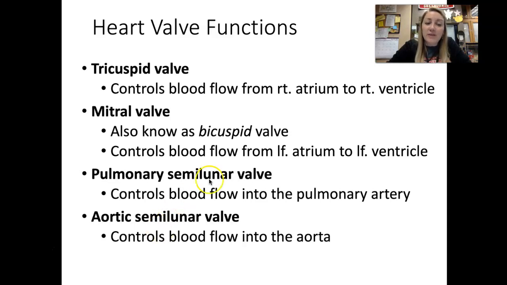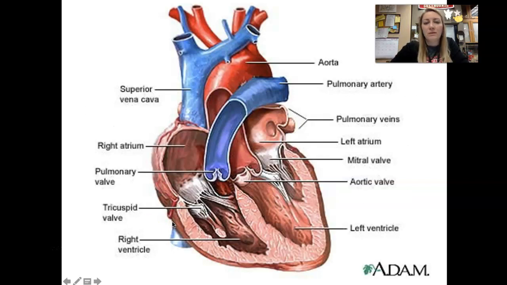Aortic semilunar valve, sometimes you'll just hear aortic valve, pulmonary valve. Semilunar is part of the official name, so make sure you know it. But if you just see someone say pulmonary valve, this is what they're talking about, right? This one here. If you just hear someone say aortic valve, it's this one here they're talking about. You will hear me say their full names.